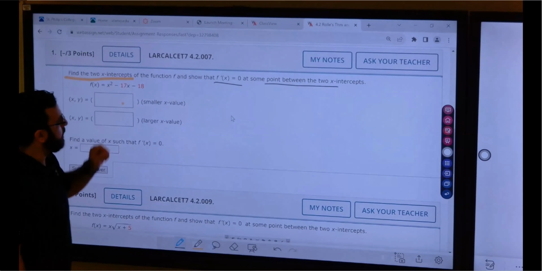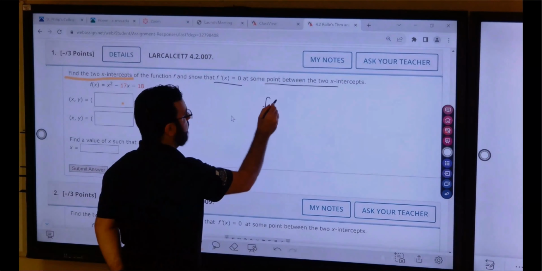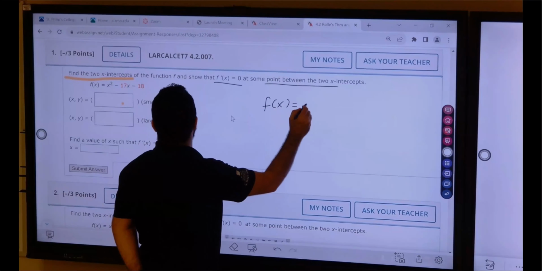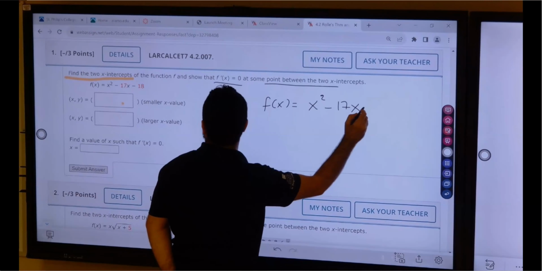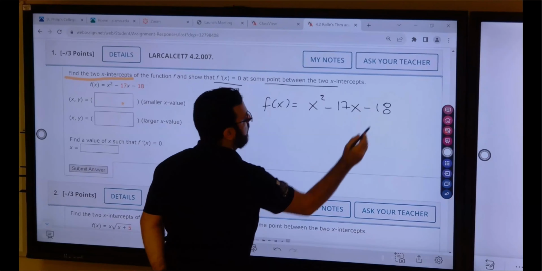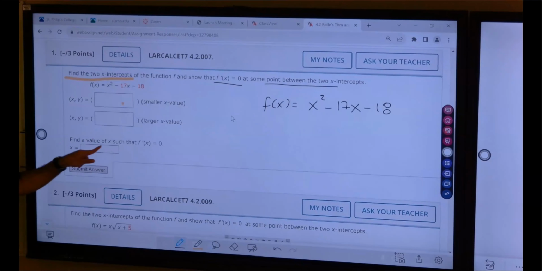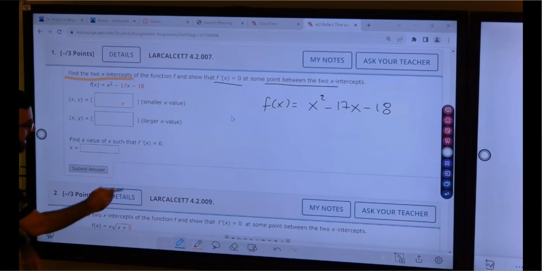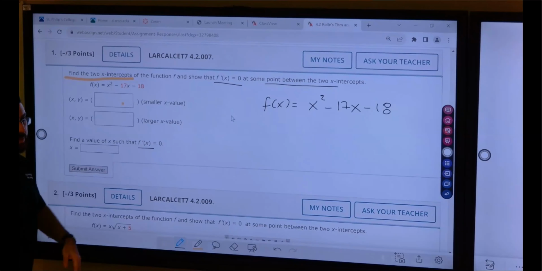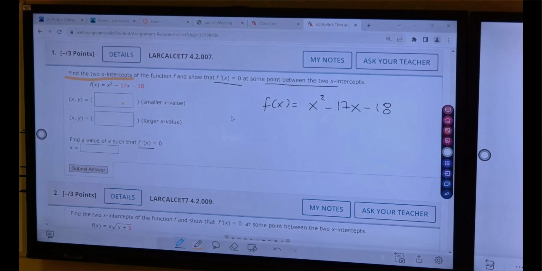Here is the function. I'm just going to write down the function, which is f(x) = x squared minus 17x minus 18. So our goal is to find the x-intercepts. Then I need to find x between the x-intercepts that satisfies the condition that the derivative equals 0. So write down this information because I'm going to go to the next board.